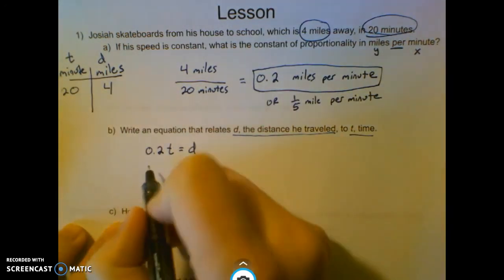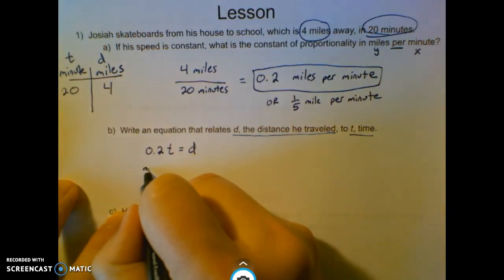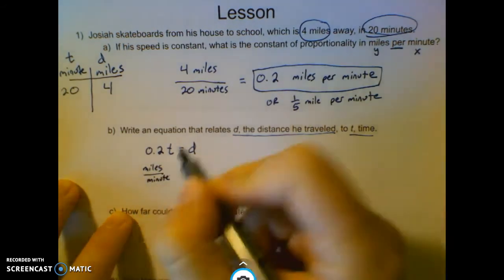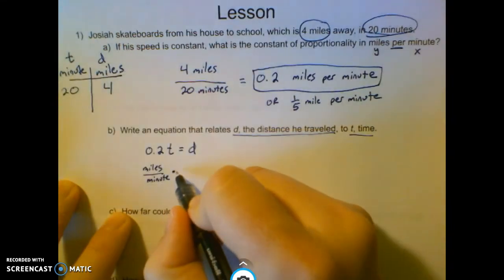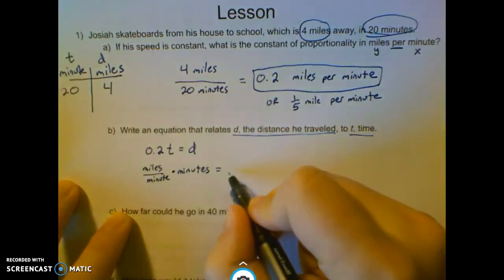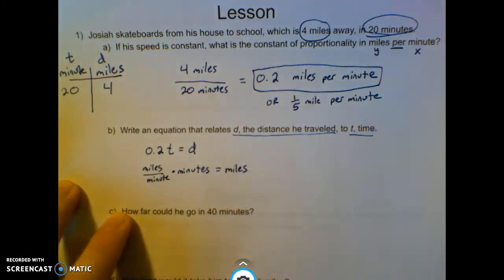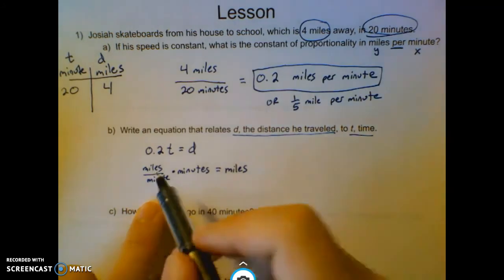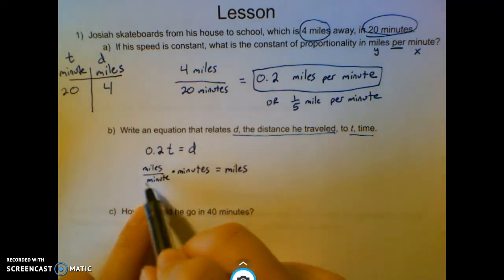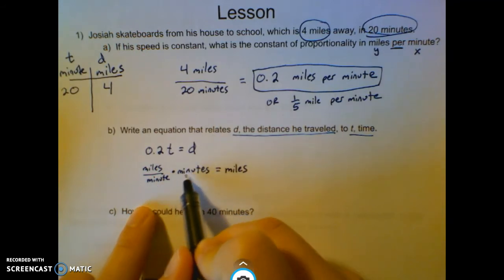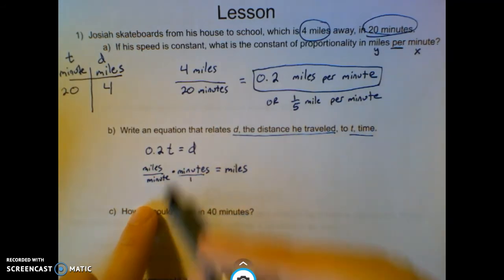This 0.2 is in miles per minute. This time is in minutes. And this distance is in miles. What should always happen is that whatever you're multiplying by, here I have minutes in the denominator, here I have minutes in the numerator.